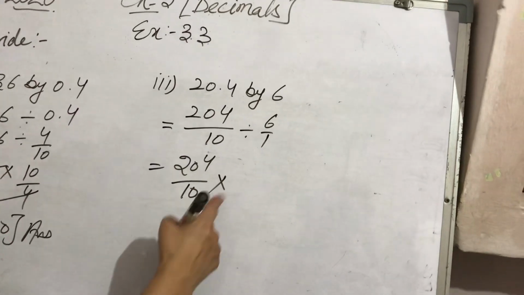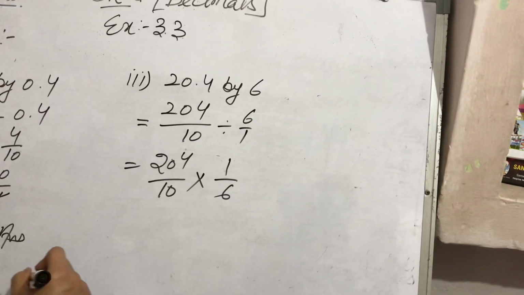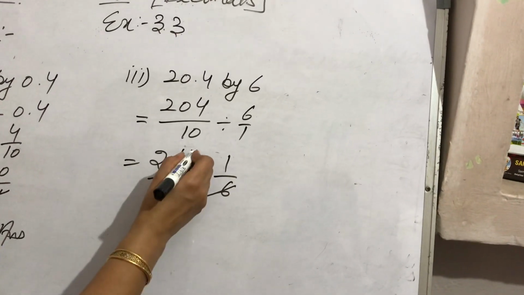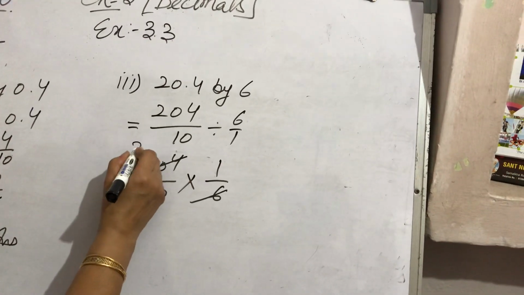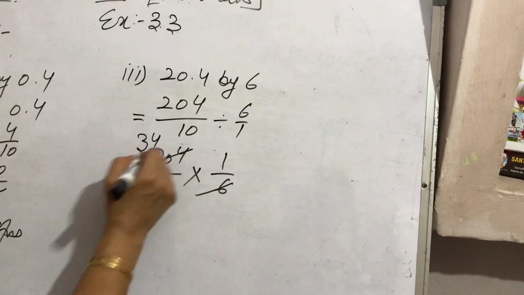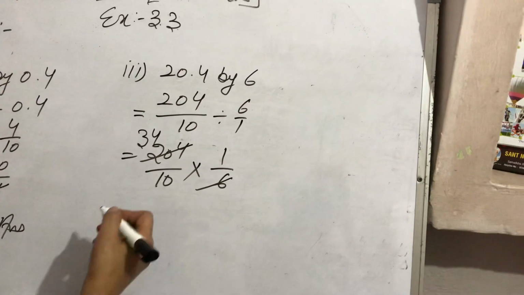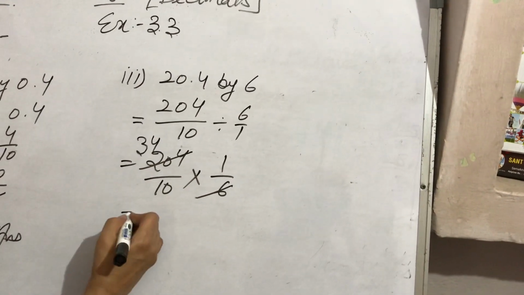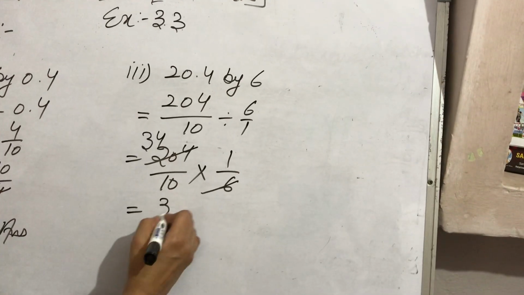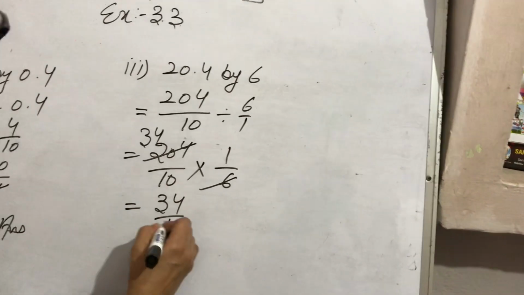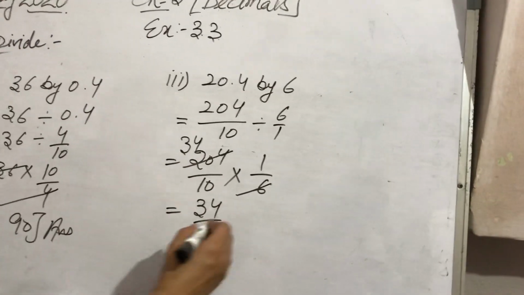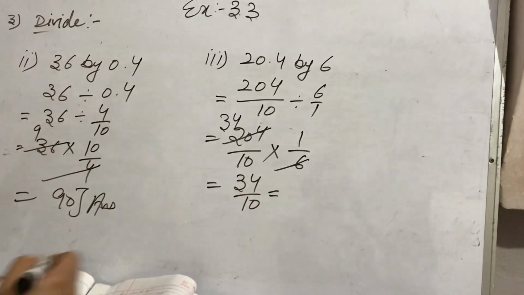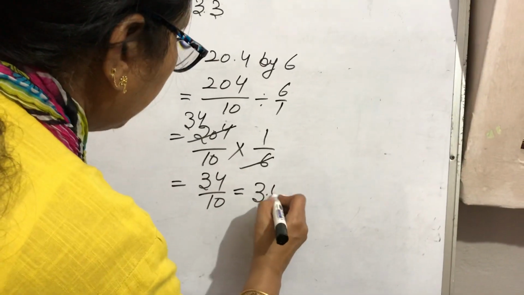While converting into multiplication, take the reciprocal of the divisor. Now 6 3s are 18 and 6 4s are 24, so 34. 34 by 10. It can be reduced, but we are not reducing because we have to use the decimal. 3.4.